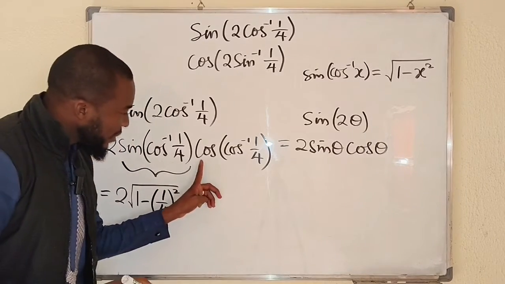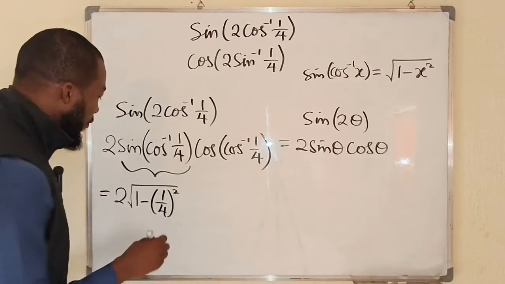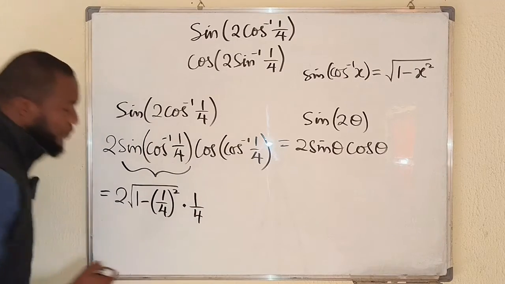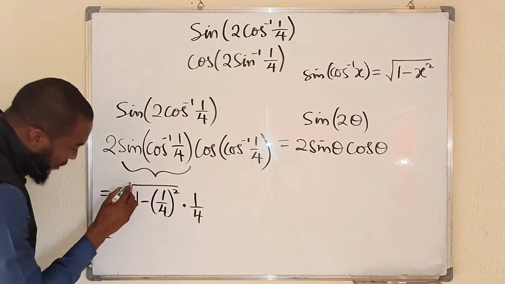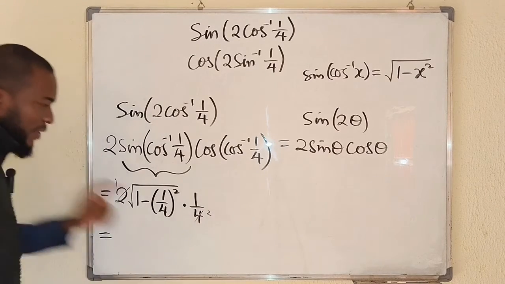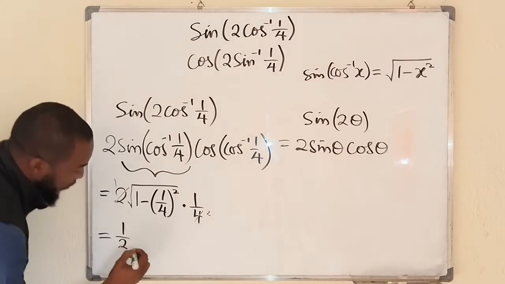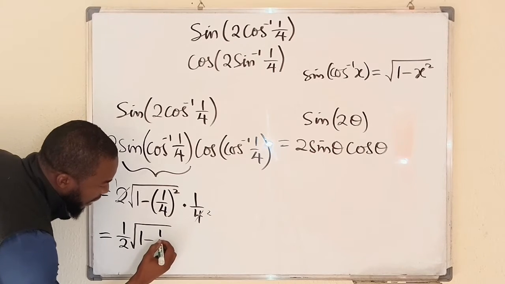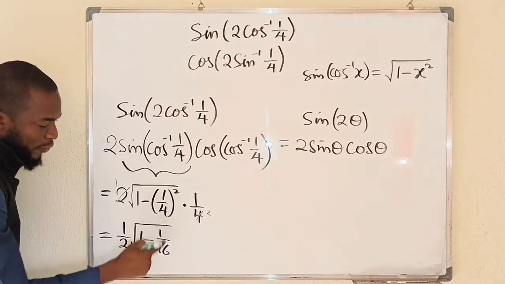Then what about this? This will undo this. Cos and cos inverse will cancel, leaving 1 over 4 times the square root. From here you can see this 2 will go into 4 two times, so here we have 1 over 2 of the square root of 1 minus 1 over 16, because 1 squared is 1 and 4 squared is 16.